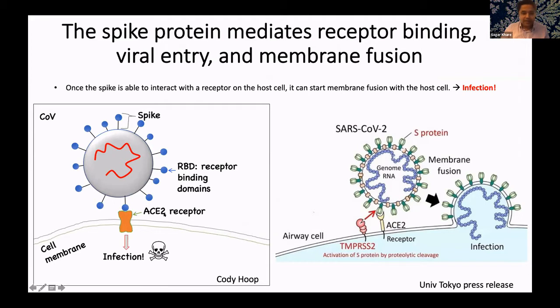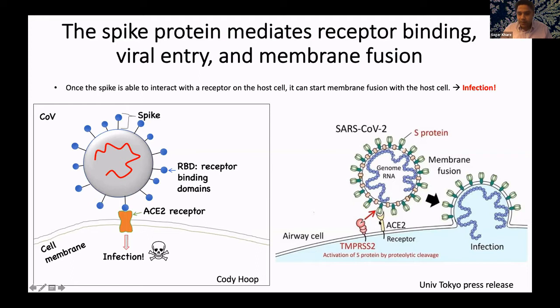I said that the receptor that the spike recognizes is the ACE2 receptor, and this will be a player that we'll see a lot more of as we go through this talk. There's not just one receptor, but there are other receptors involved as well.